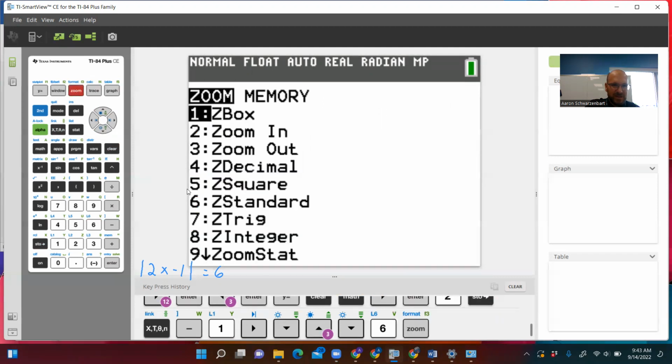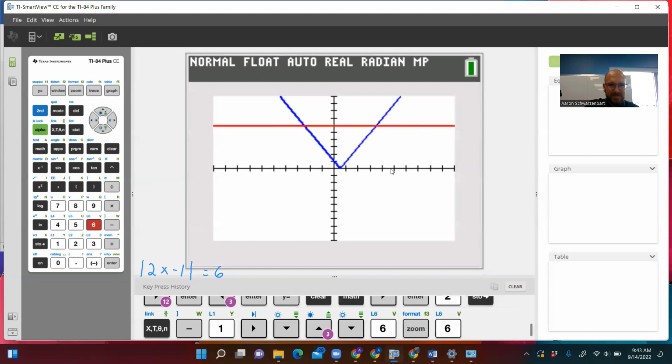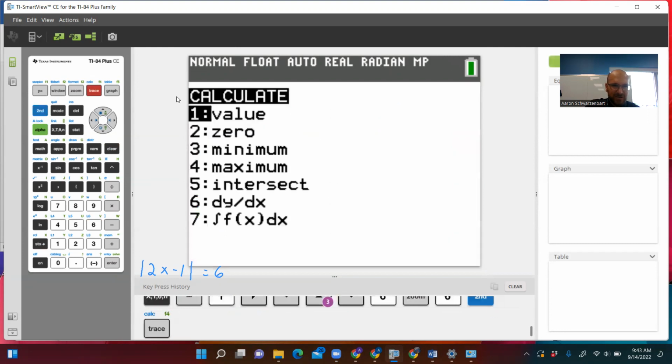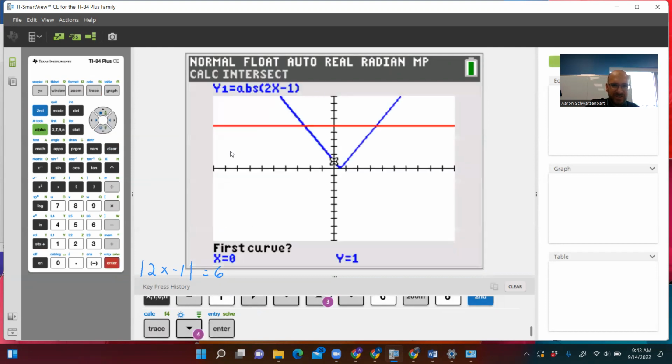Again, I'll do zoom standard, which is 6. And now I'm just looking for where the intersection is. I see 2 intersections. So I'm going to need 2 values. Again, I use the second trace, this calc menu. But instead of 0, I'm looking for intersect.